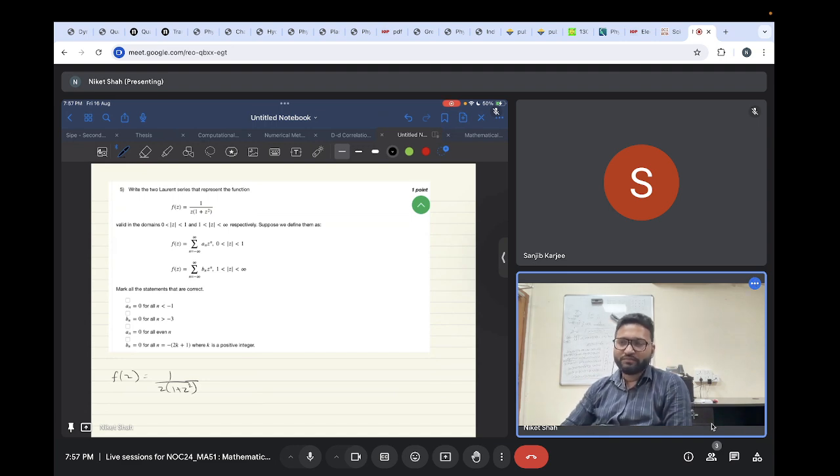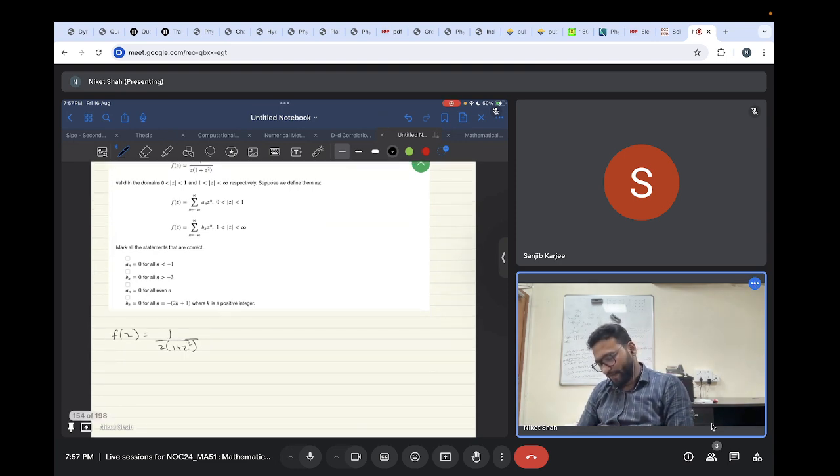We try to use different methods as much as possible to arrive at the answer in a simpler manner. So let's try doing that only: 1 by z into 1 by 1 plus z square. This is how I can split this in multiplication terms.